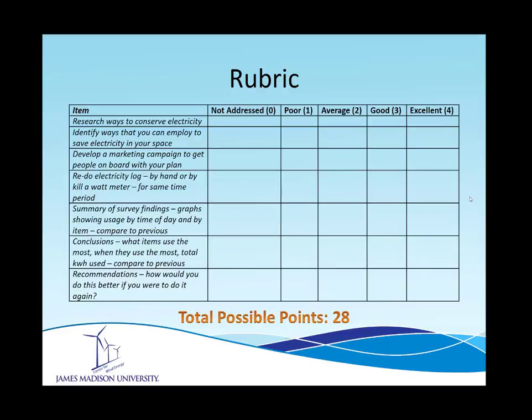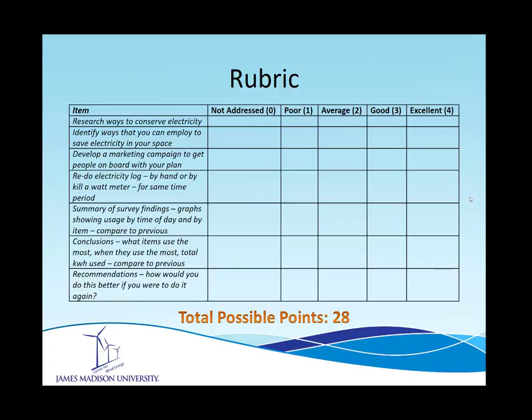So again, if you are grading this portion of the task, this task of the research project, or if you plan to submit your project to JMU for us to grade, this is an example rubric.